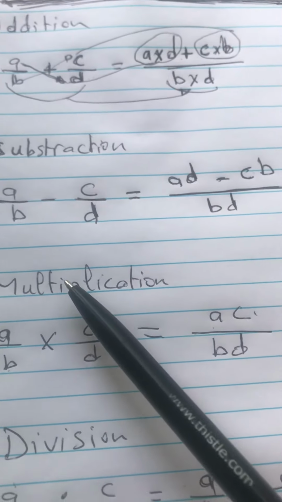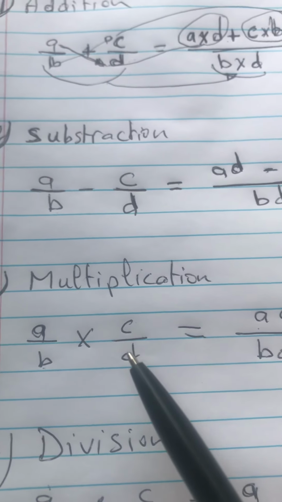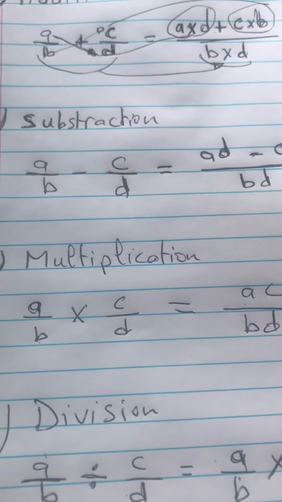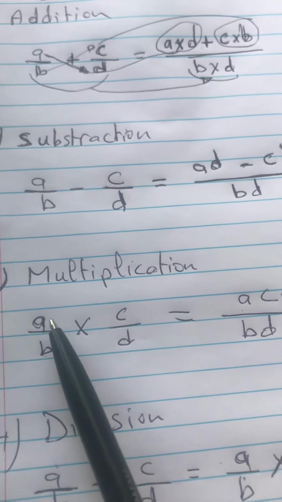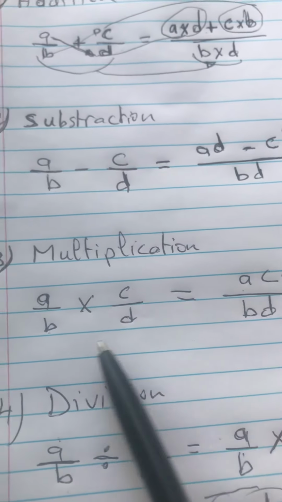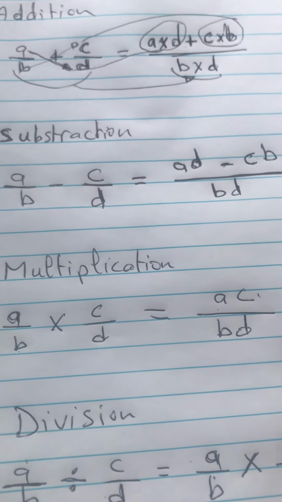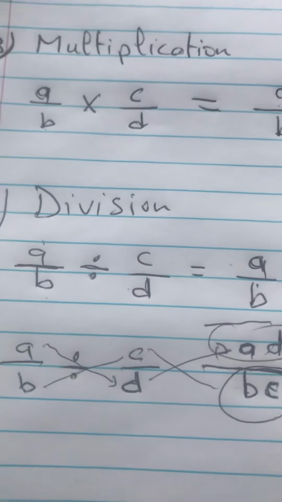So multiplication, as I said, is the easiest among the four of them. We just go straightforward: this one times this one goes here, then this one times this one goes here. Then after that, the final one is the division.